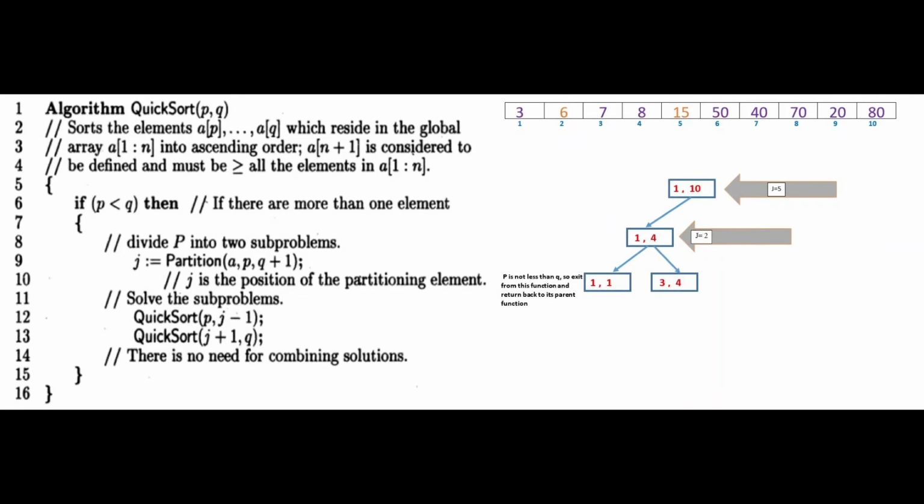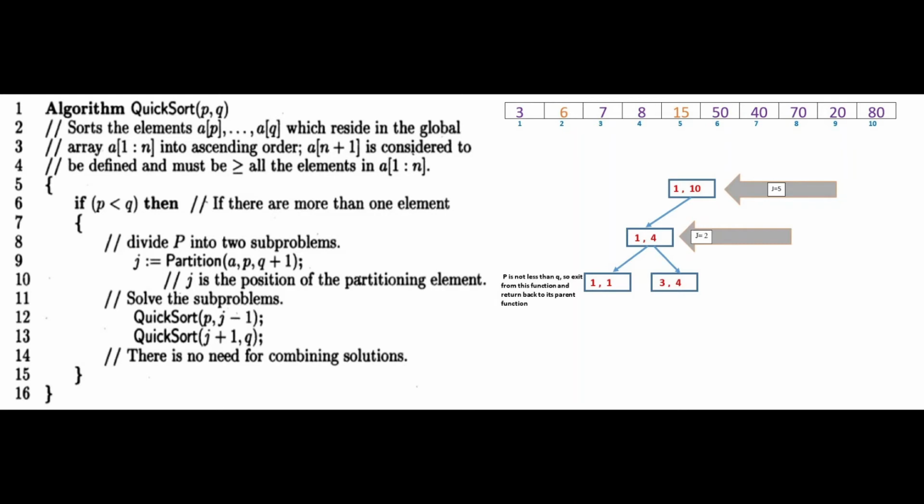This function's first recursive call is completed. Then we have to execute the second recursive call. In the tree data structure, we go to the right subtree.